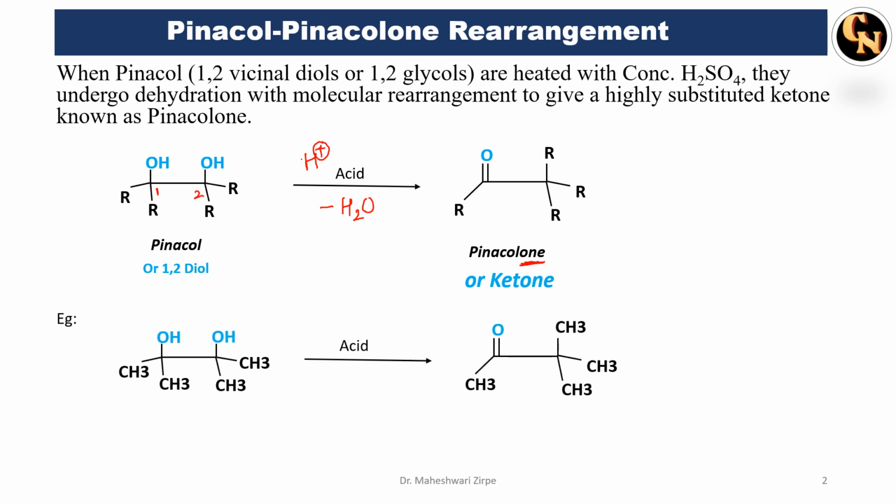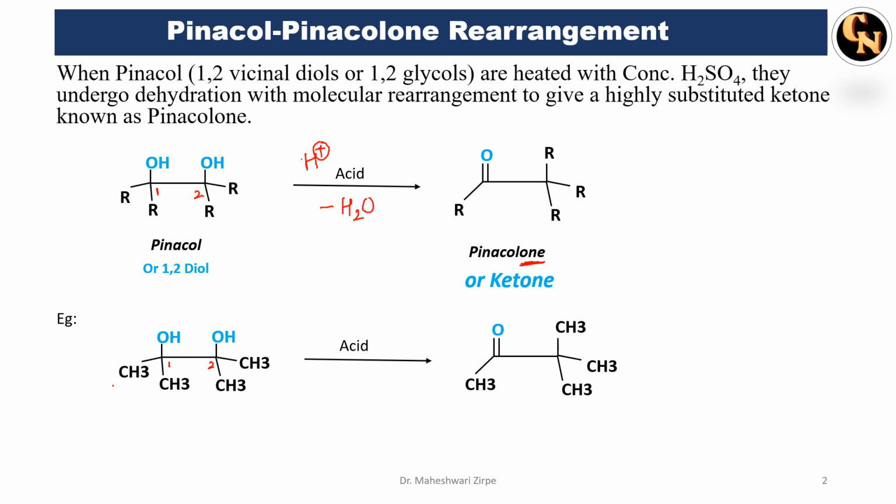Before we see the mechanism, please understand these R groups may be different or may be the same. For example, we have taken here a 1,2 diol where all the substituents are methyl groups. If you label it by IUPAC, you will find that it is 1, 2, 3, 4.